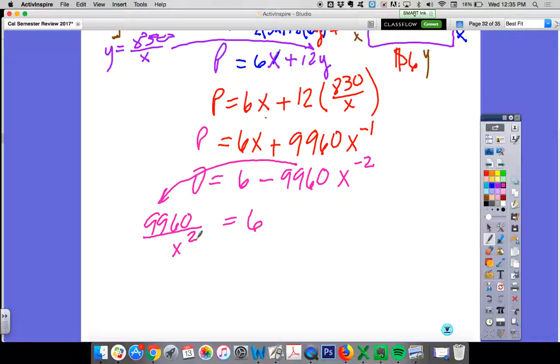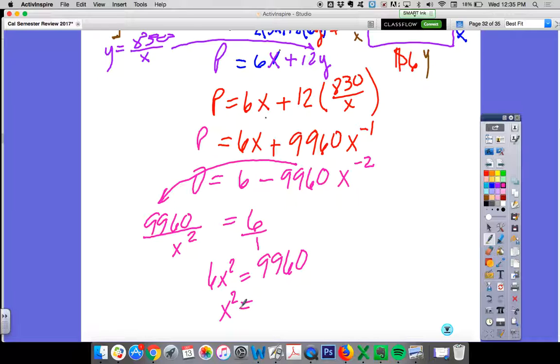Yes, it is. And I think I'm working this out right. I don't think I got a boo-boo. Keep in mind that's 6 over 1. If you cross multiply, that gives you 6x squared equals 9,960. For some reason, I'm just remembering having to divide by 12 the other day.